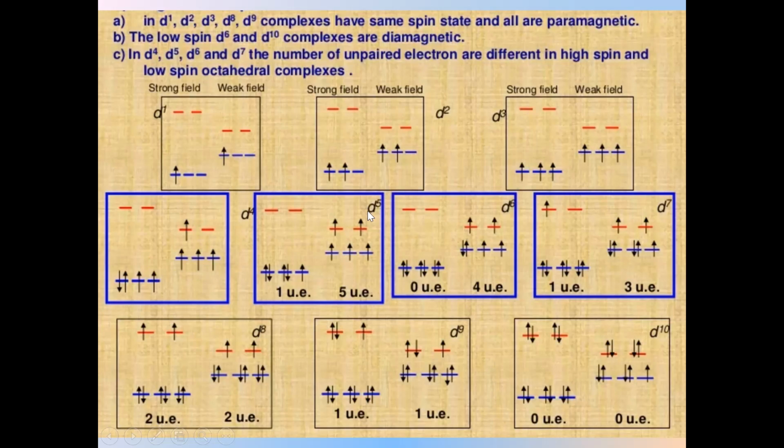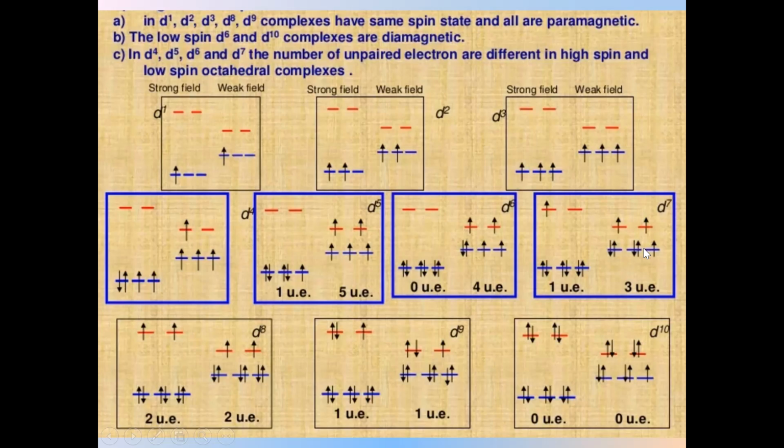D5 also: in low spin, 1 unpaired electron, in high spin, 5 unpaired electrons. D6 low spin, as we have seen, there are 0 unpaired electrons, but in high spin or weak field complex, there are 4 unpaired electrons. D7 low spin, 1 unpaired electron, high spin, 3 unpaired electrons.